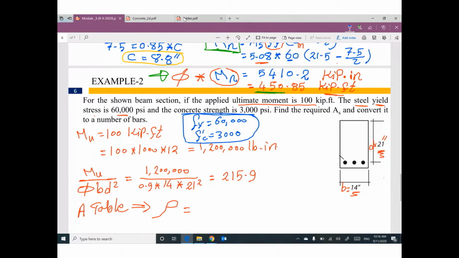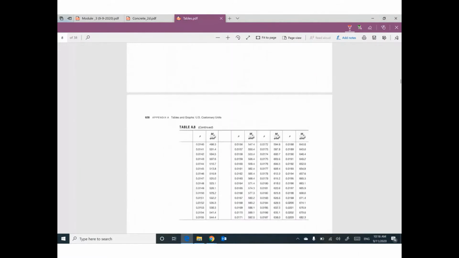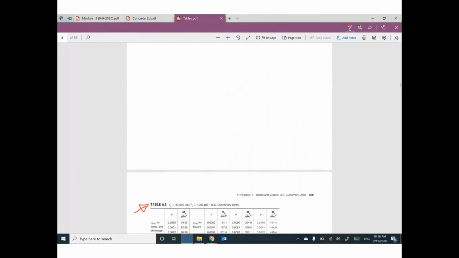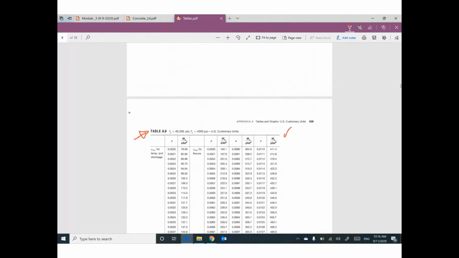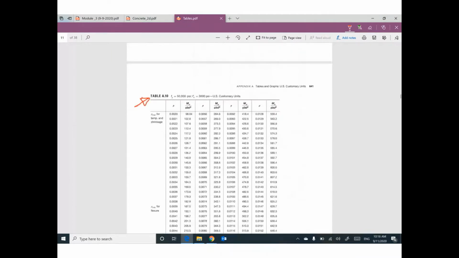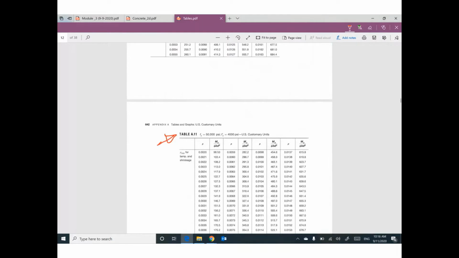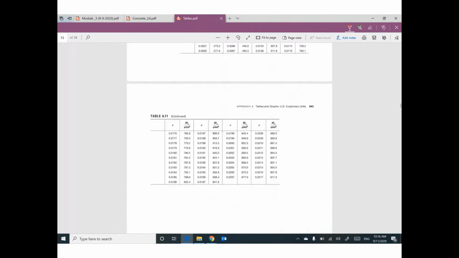So not this one. This one is a continuation of the previous one. Not this one, because here F yield is 40,000. We are looking for 60,000. Not this one. This one is 50,000. Here you go. This one is 60,000.